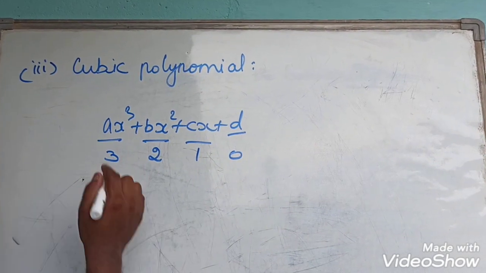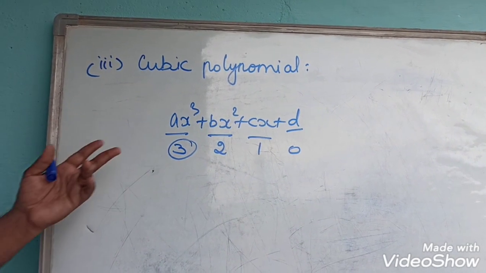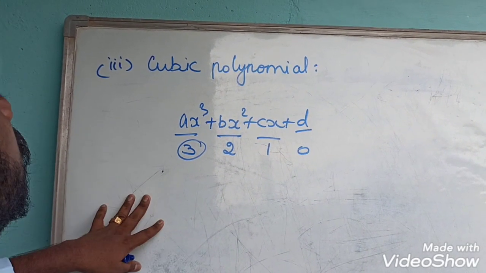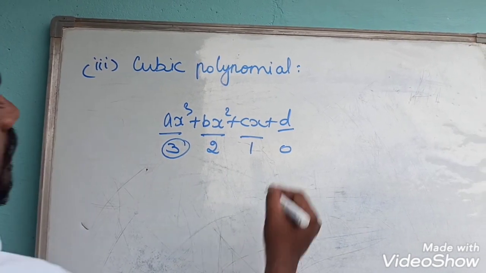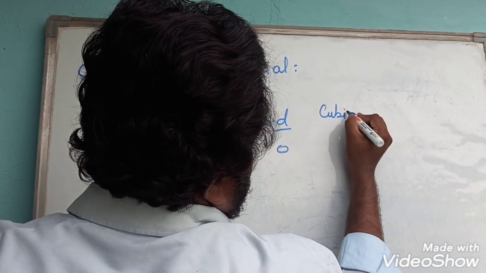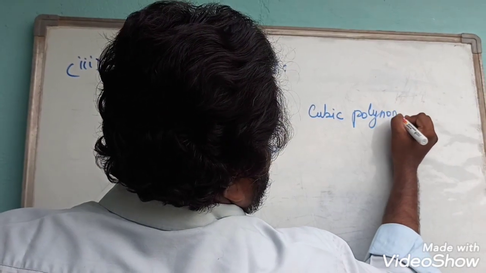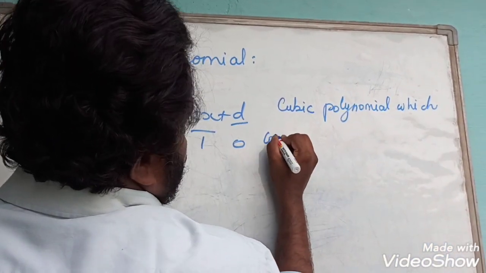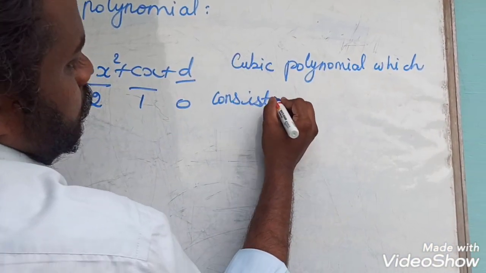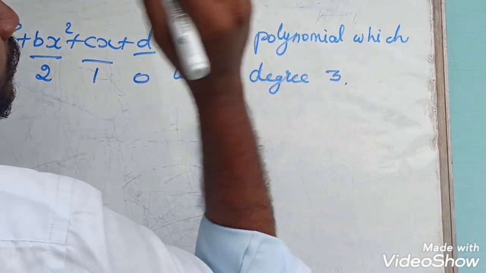So which is the highest degree? The highest power is 3, and we say 3 is the degree of the polynomial. So an expression which contains degree 3, we say it as a cubic polynomial. Cubic polynomial consists of degree 3.